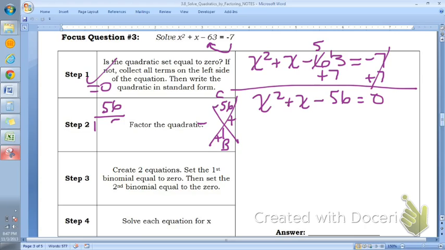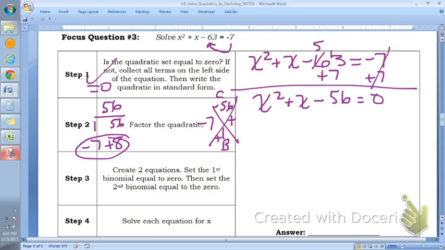So 1 and 56. I expect them to be my last pair in the set because of the difference of 1. So what are the two numbers that you go all the way down to? Well, isn't it 7 times 8 equal to 56? If the bigger number is positive and the smaller number is negative, then their sum is positive 1.